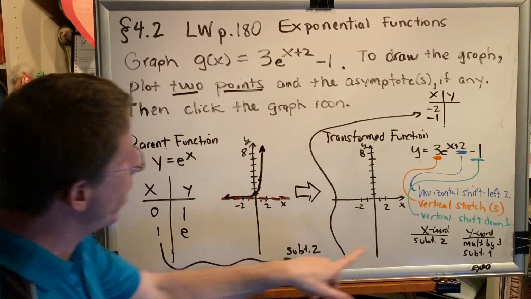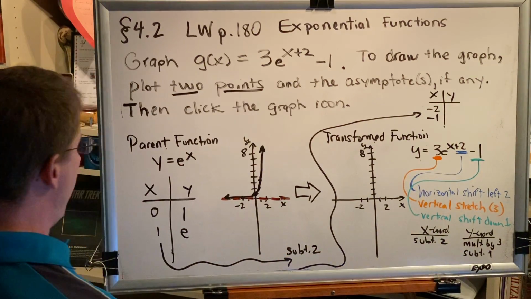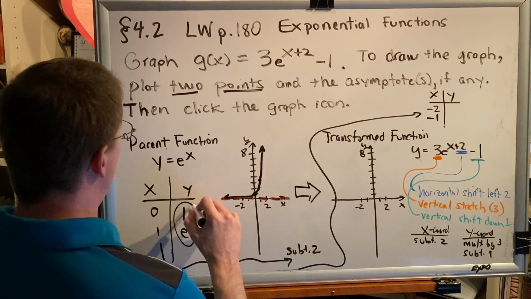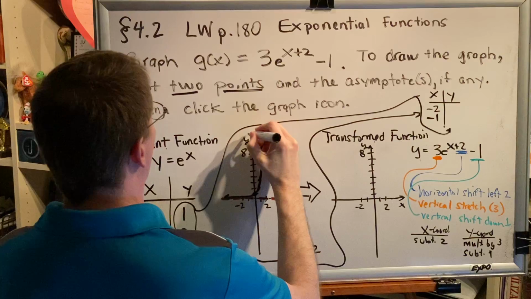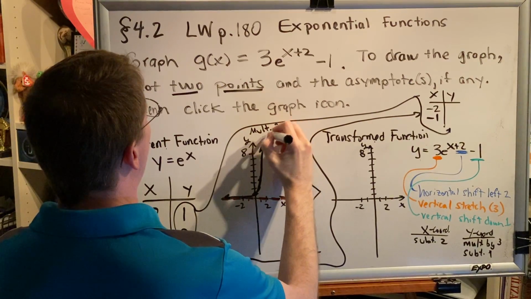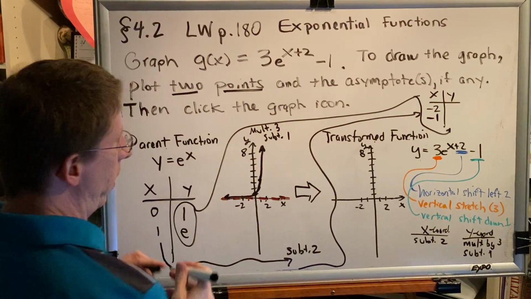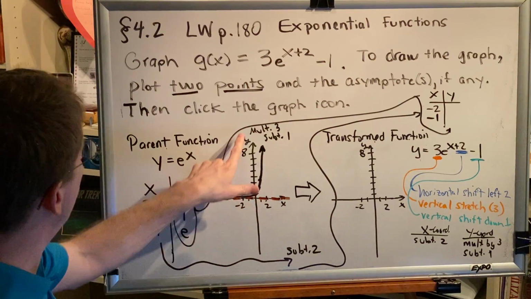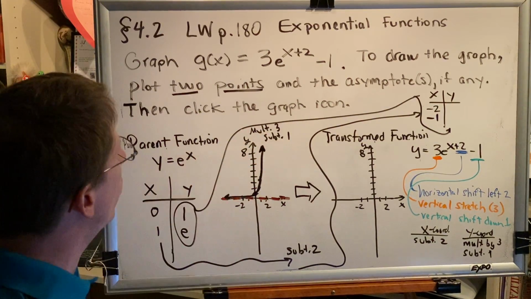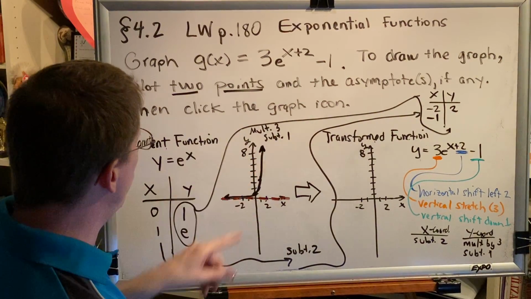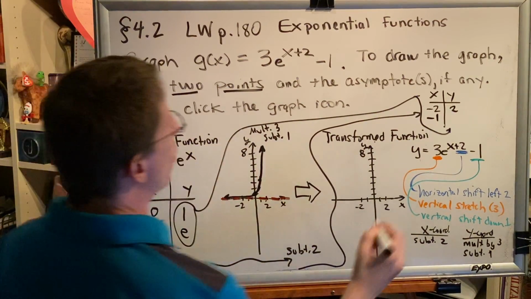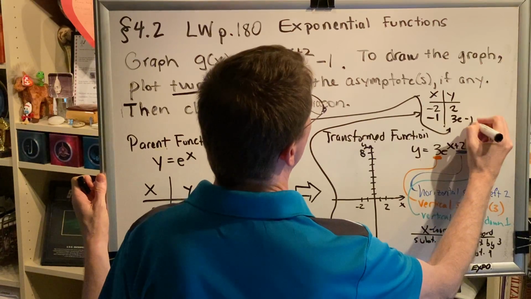Now, when it comes to the y's, we have to multiply by 3 and then subtract 1. So these are going to affect the y values. We're going to multiply by 3 and then subtract 1. So 1 times 3 is 3. Subtract 1 is 2. So we get that point. e times 3 is 3e. And then when you subtract 1, you get 3e minus 1.